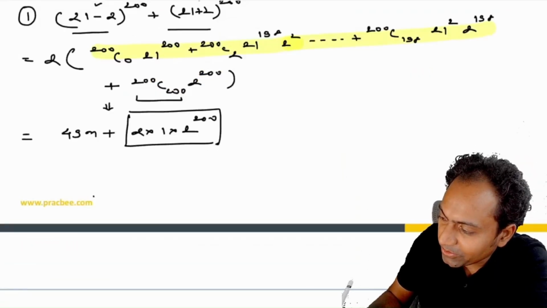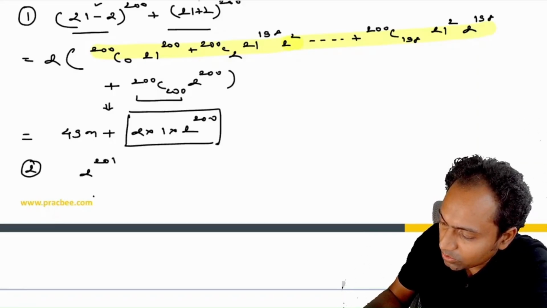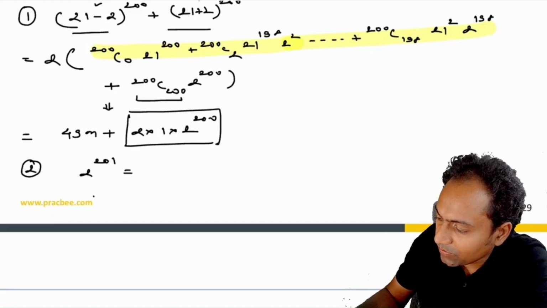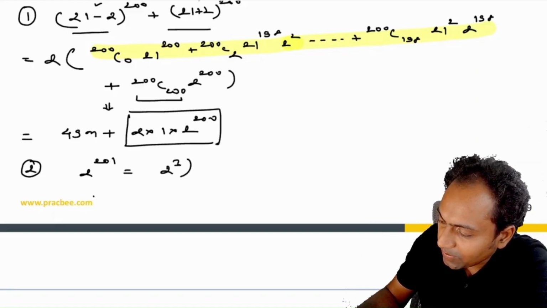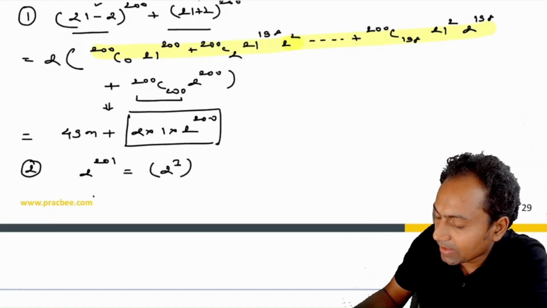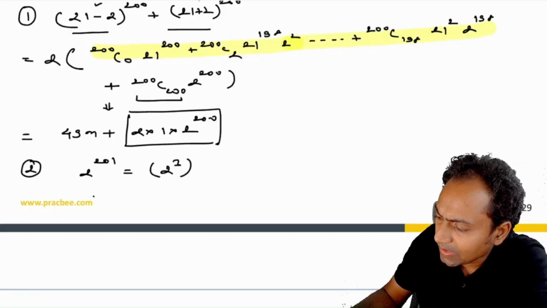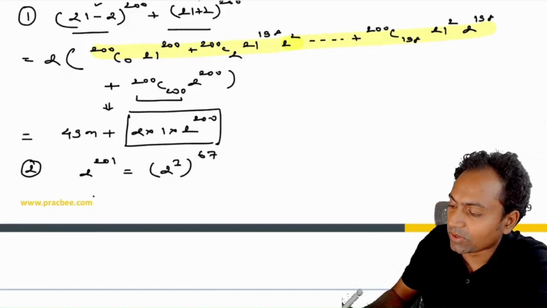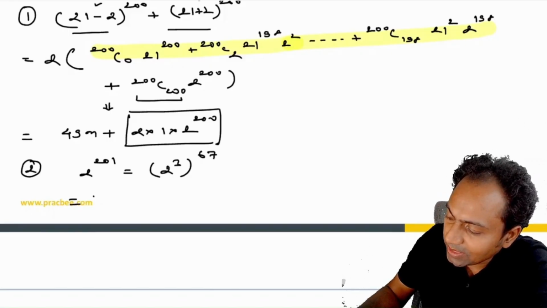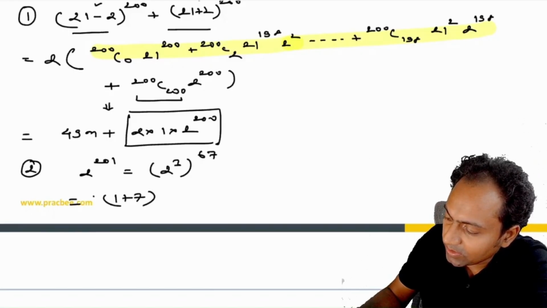Let us see what we can do. In this next step, I can write this as 2 raised to the power 201. 201 can be written as 2 raised to the power 3 raised to the power, and if I divide by 3 it becomes 3 into 67, and then 2 raised to the power 3 can be written as 8, which in turn can be written as 1 plus 7.